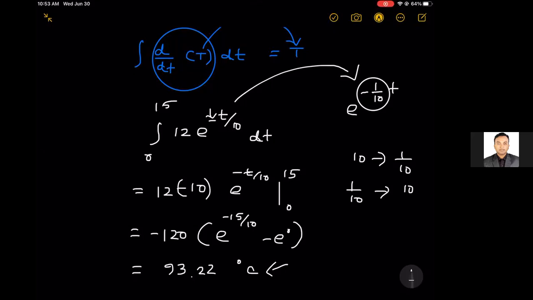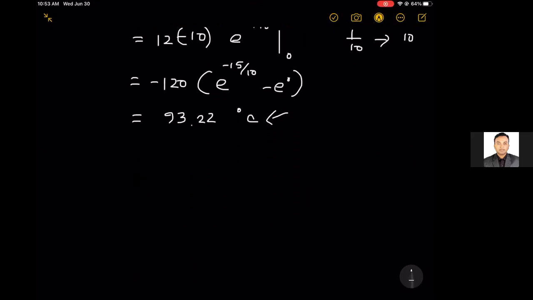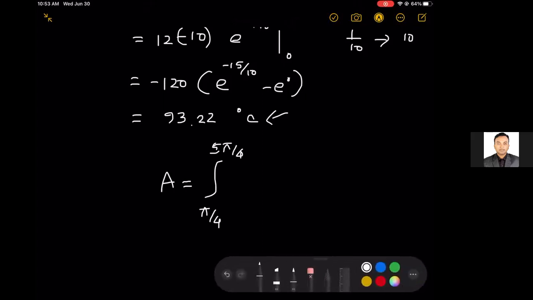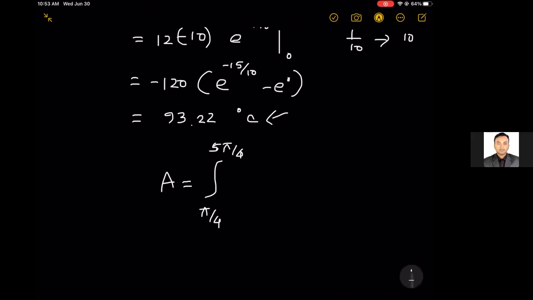Okay, yeah, this would be a good one. Find the area in pi over 4 to 5 pi over 4 of this function, sin x minus cosine x dx.